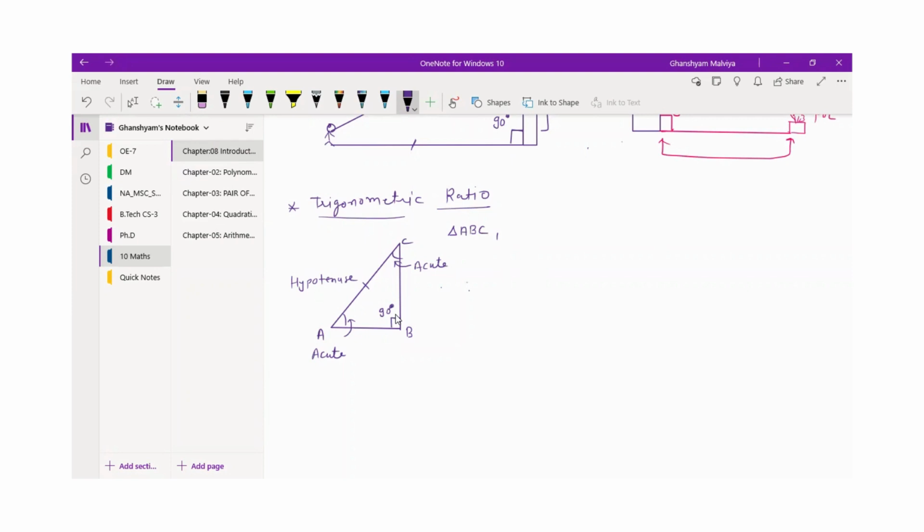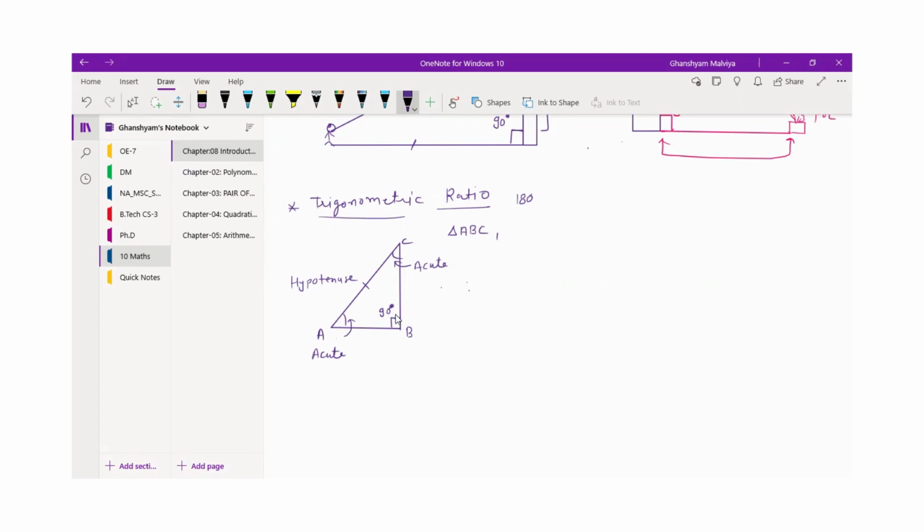Another thing, the sum of angles C and A will always be 90 degrees. And the sum of all three angles of the triangle ABC will always be 180 degrees. That you also need to remember.